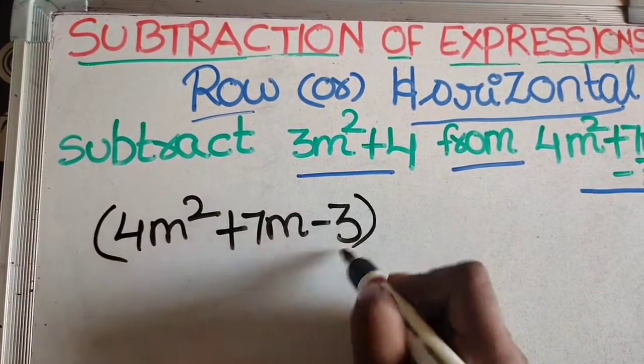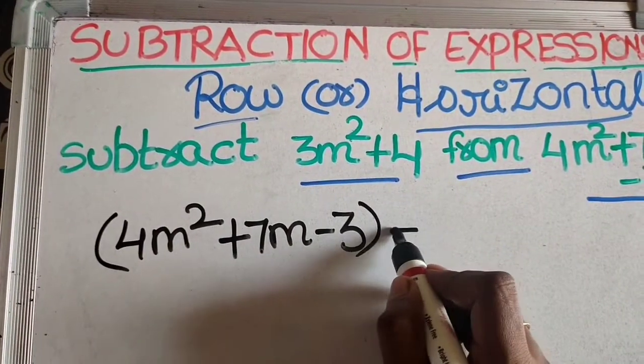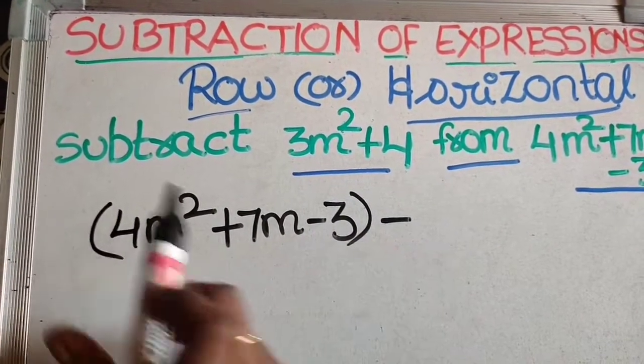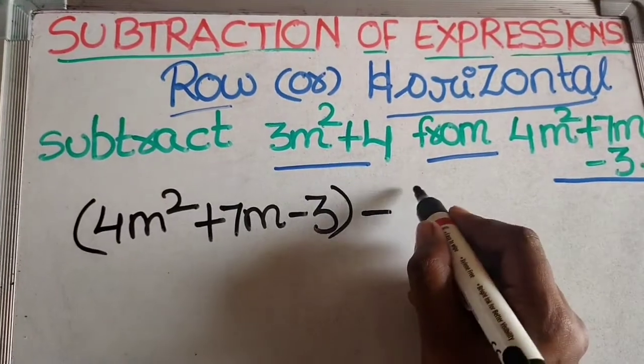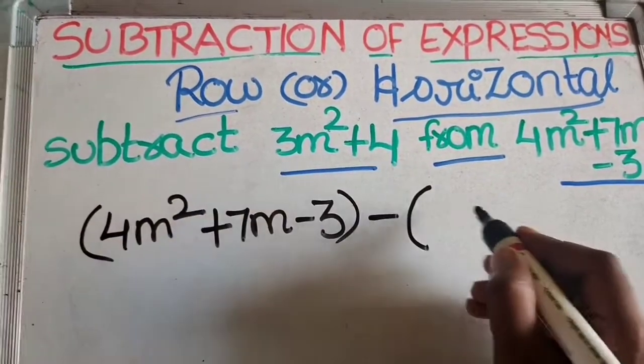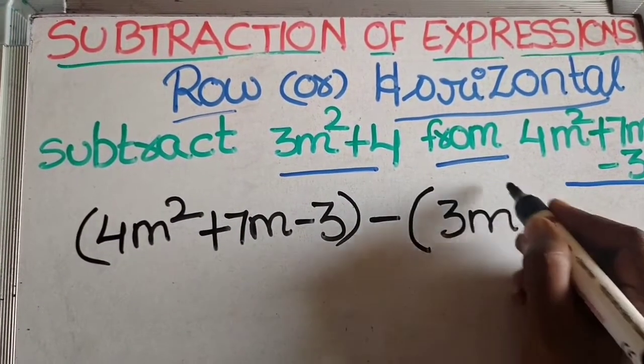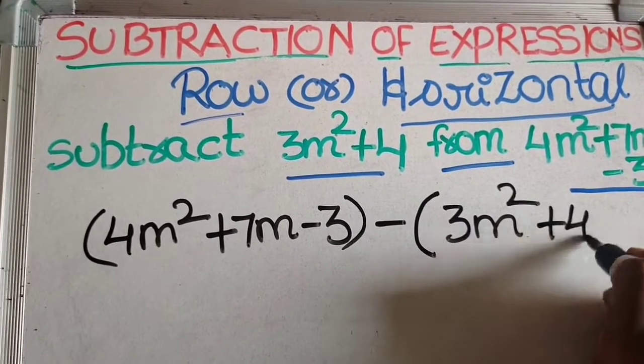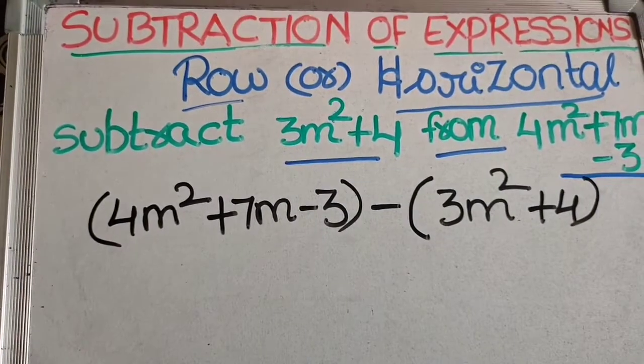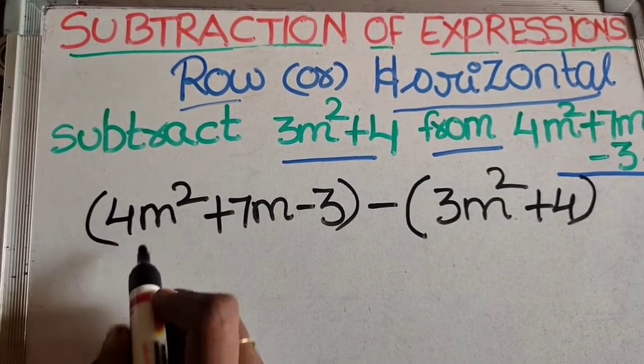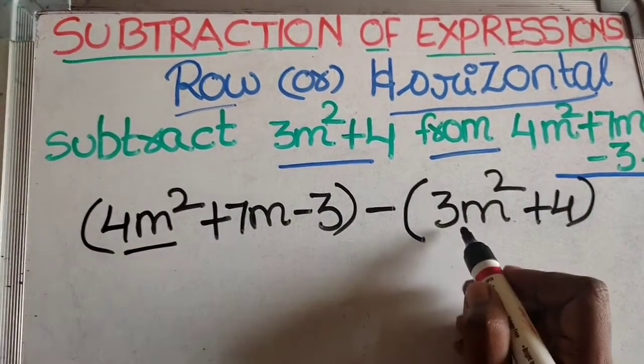So 4m square plus 7m minus 3. I have written it in the bracket so that it represents it is one expression. Now take that 3m square plus 4. So write the expressions.